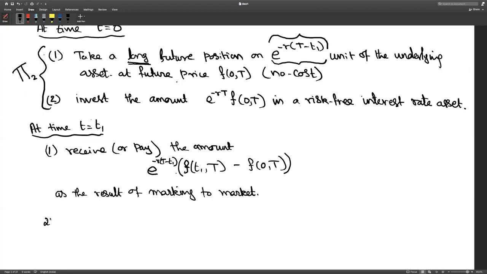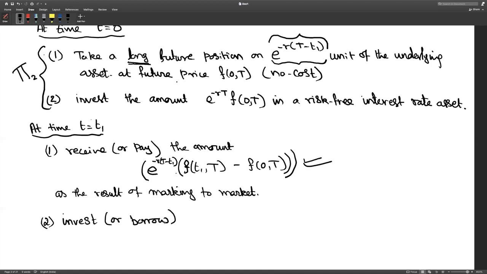And then what happens? Let us see. You got this money, or it is taken away from your margin deposit. One of these would have happened depending on whether it is positive or negative. In case that was positive, you got that money, so you invest it in the risk-free asset. If you would have lost this money because it was negative, then you borrow, depending on the sign of this term.